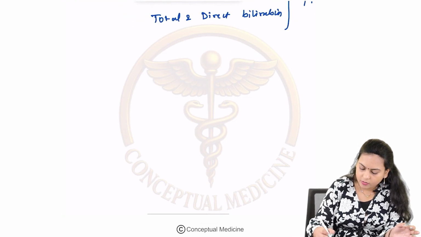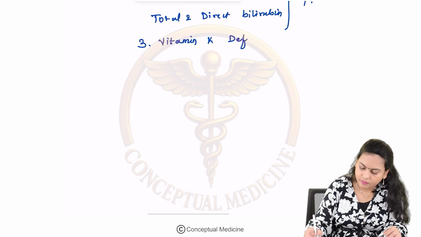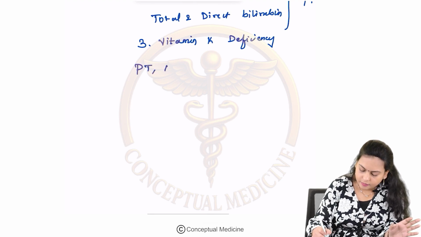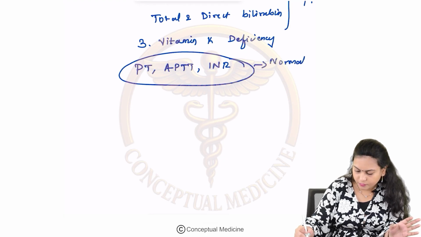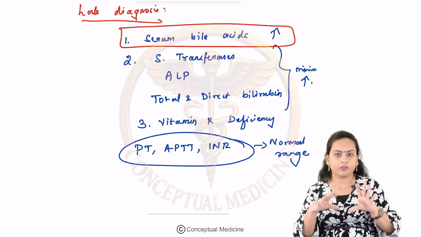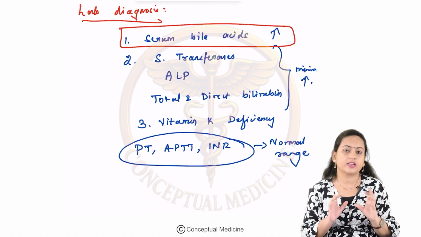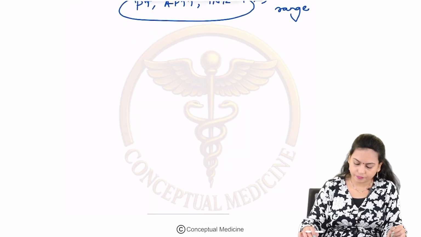Also there can be associated vitamin K deficiency, but PT, APTT and INR usually remain within normal range. Clear? But even before you are able to see these lab findings, remember pruritus is the first and most important symptom that occurs.